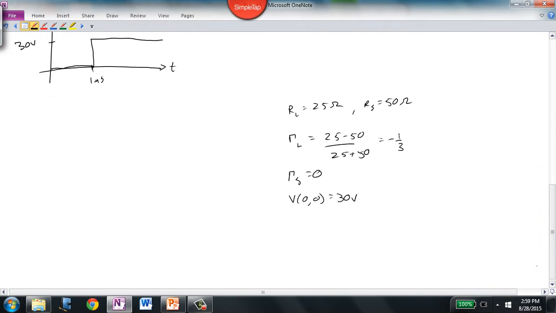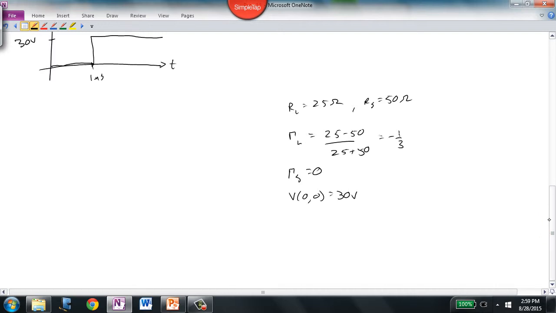So all that's changed in this analysis is that the reflection coefficient at the load is minus 1/3. Let's draw the bounce diagram for that case. It's going to look something like this, where we've got t equals 0 seconds and d equals 0 meters here, and this is d equals 200 meters.